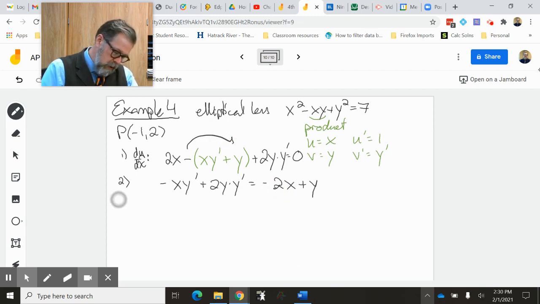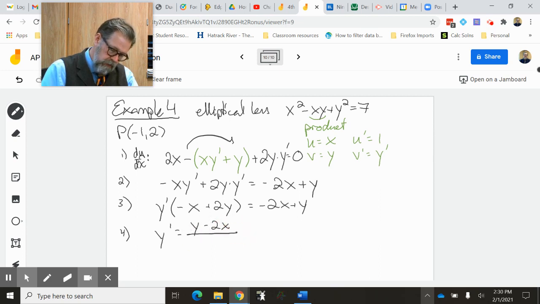So now, step 3, I'm going to factor out the derivative of y with respect to x. I'm left with minus x plus 2y. And over here, I've got minus 2x plus y. And then I solve for the derivative, and I get y prime equals y minus 2x divided by 2y minus x. I switch them around because I find it easier to put the positive terms first.